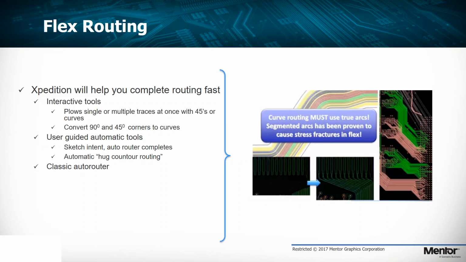With our interactive tools, you can plow single or multiple traces at once with 45-degree angles or curves, and curve routing is very powerful and easy to use in Xpedition, and can be leveraged for your Flex design. There's an automatic way to convert 90-degree angles and 45 corners to actual curve traces. And if you're not familiar with Xpedition, there are ways to do a sketch router within the rigid Flex. Sketch router is what we like to call interactive auto routing, and it does a very good job of completing traces very rapidly for you.